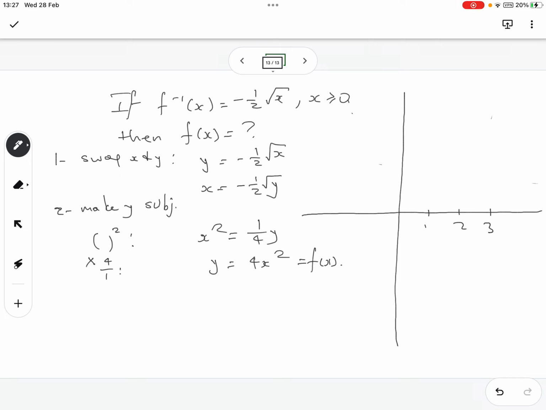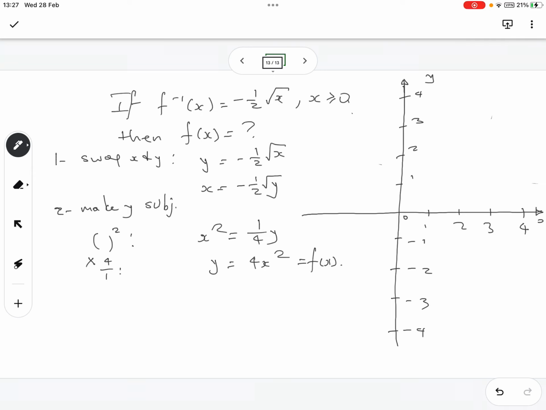Okay. 1, 2, 3, 4. Negative 1, negative 2, negative 3, negative 4.